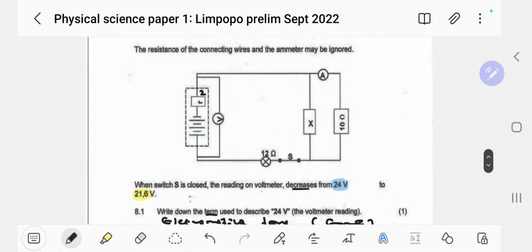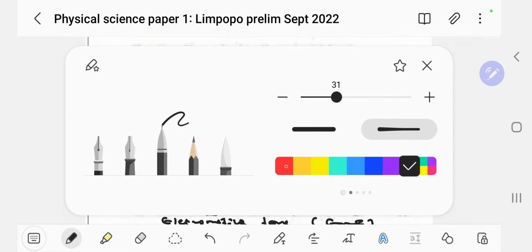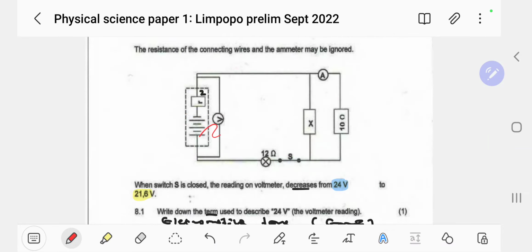Calculate the reading on the ammeter. Where is the ammeter? The ammeter is that segment. Remember, charge will flow from the positive terminal through the circuit, and then when it gets here, it splits into that portion and that portion. So this A1 is basically this portion that passes through the 10 ohm resistor.